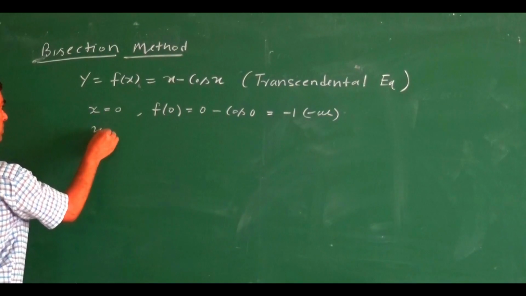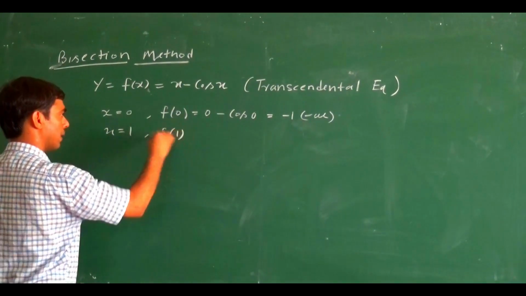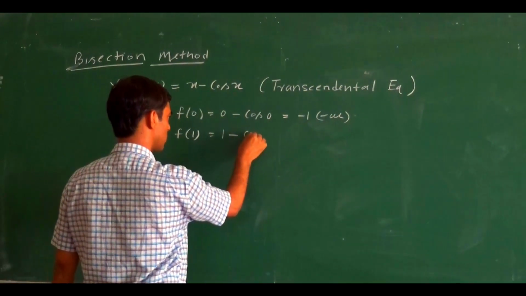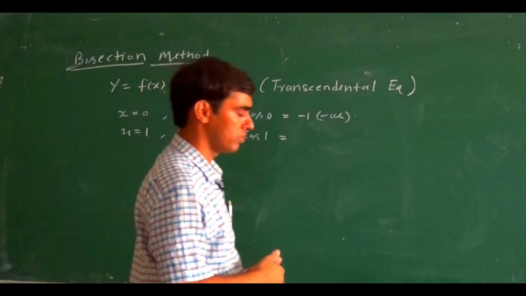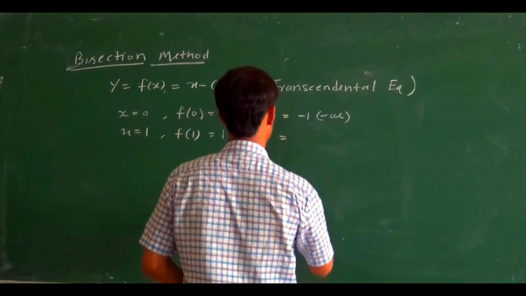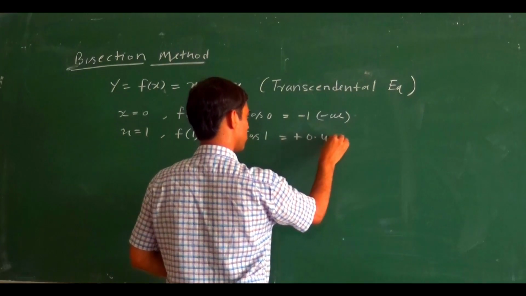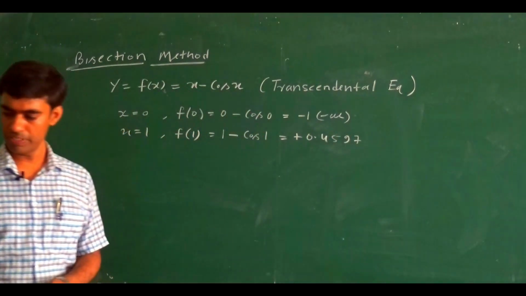So at x equal to 1, f of 1 is 1 minus cos of 1. Here we already noted down that the value is plus 0.4597.